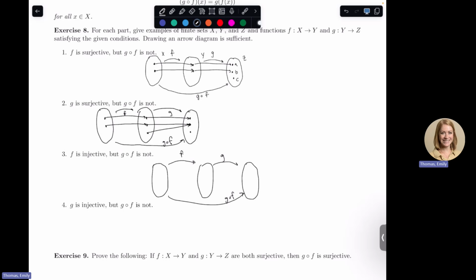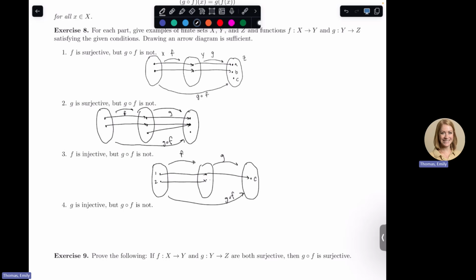We want where f is 1-to-1, but g of f is not. So f is 1-to-1, but both, whatever these are, say 1 and 2, would map to C in the composition.